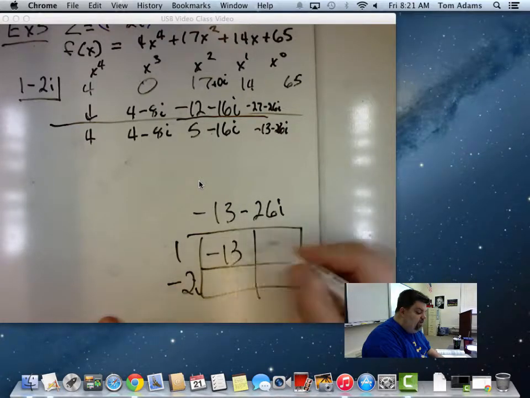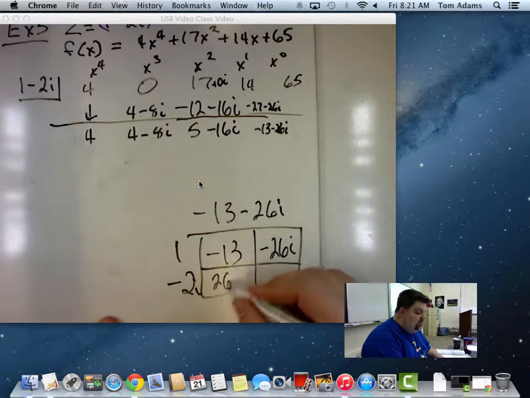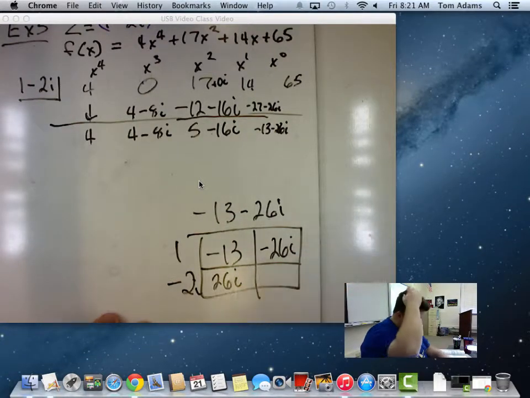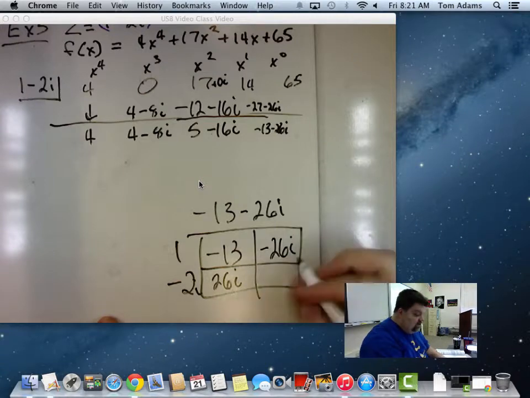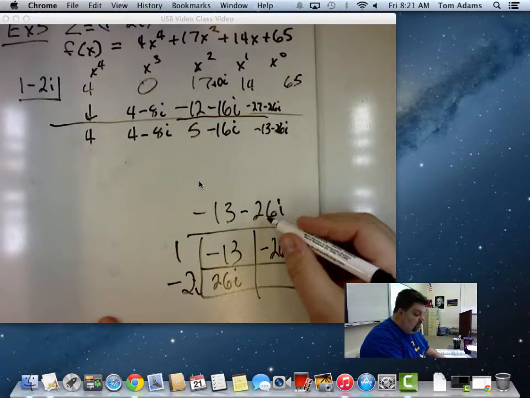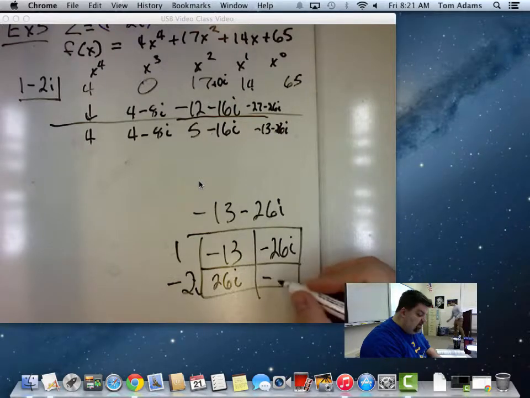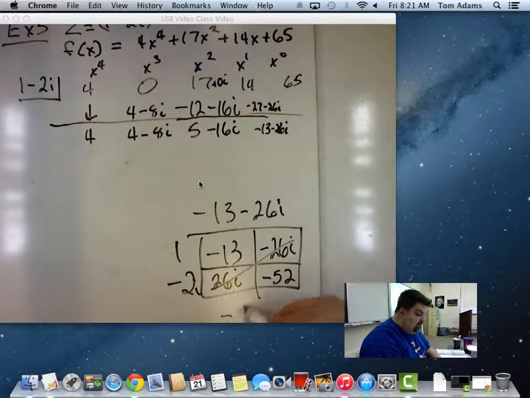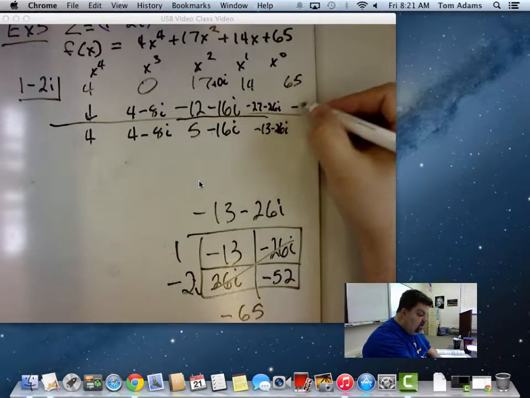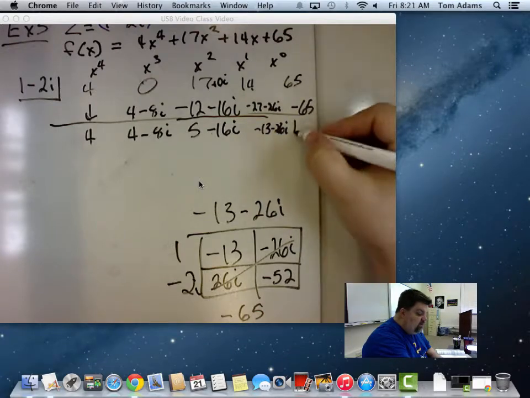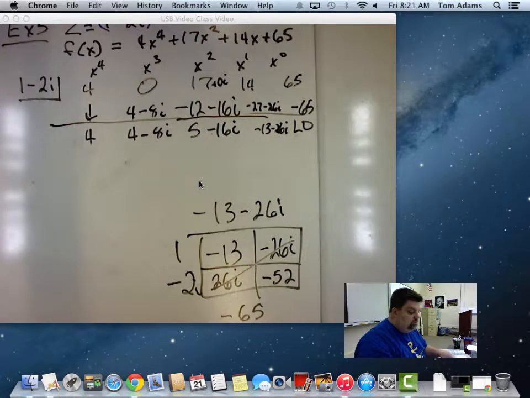And I get negative 13 minus 26i, positive 26i, and then 2 times 26. So this is a positive 52, but then when you have the i squared, it's minus 52, right? Those do cancel this time, and I get negative 65. So over here I get negative 65, and my remainder is 0.